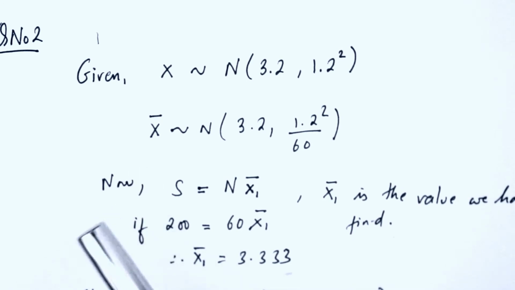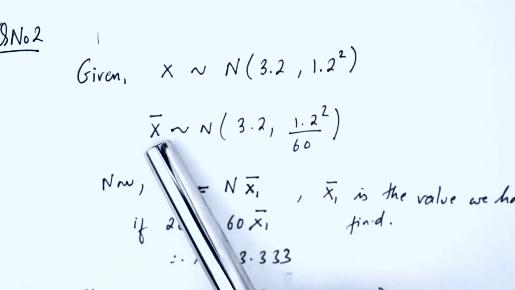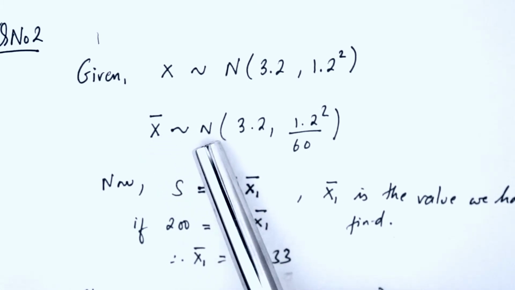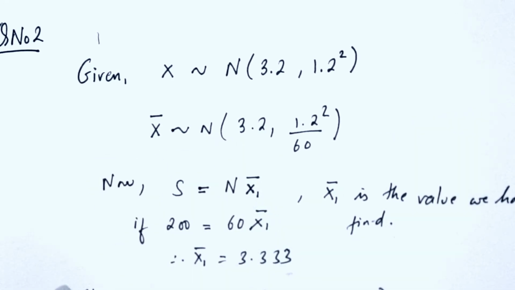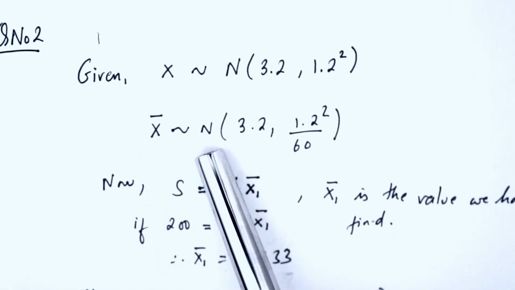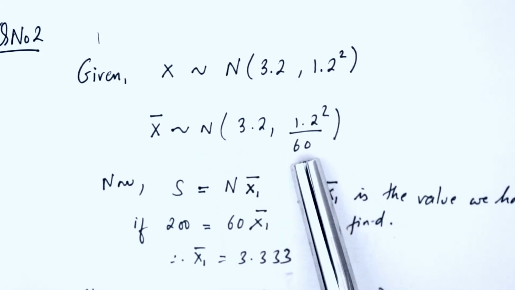Now we also know that if we want to find the distribution of the sampling of the mean, then if it is normally approximated, and we have a sample size given to be 60, right?